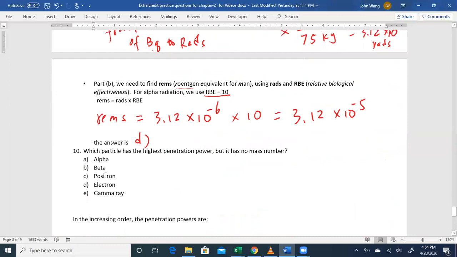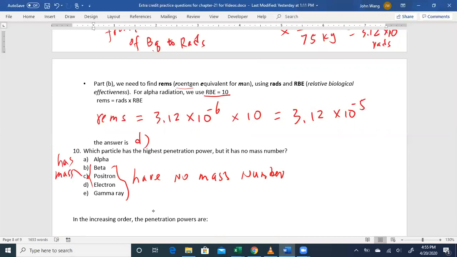Even though an electron, positron, or beta is a high speed electron and they all have mass, they don't have a mass number.